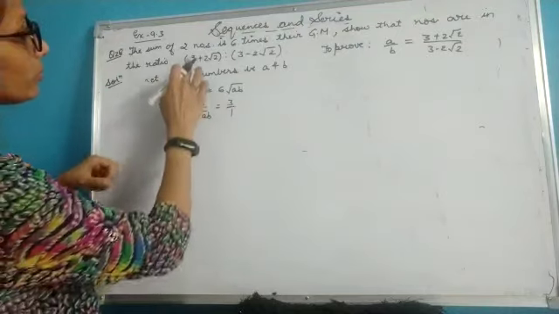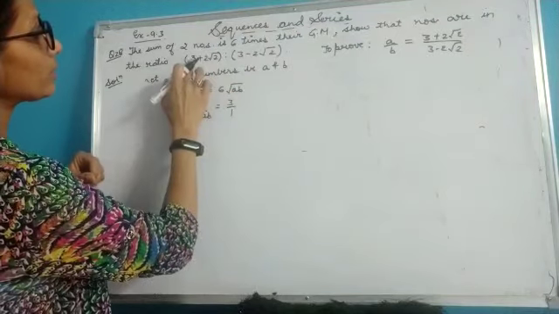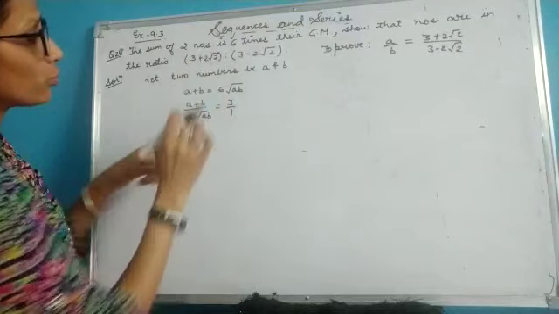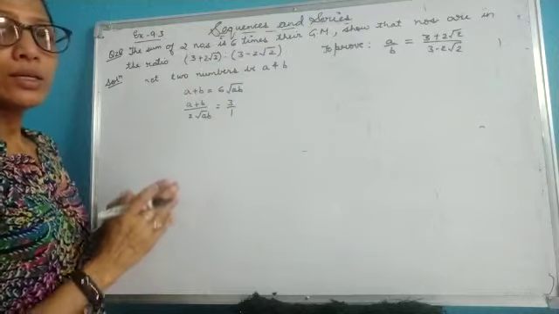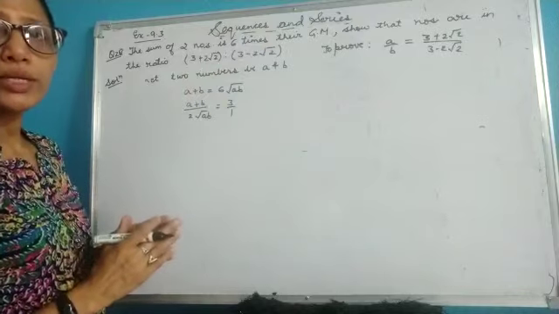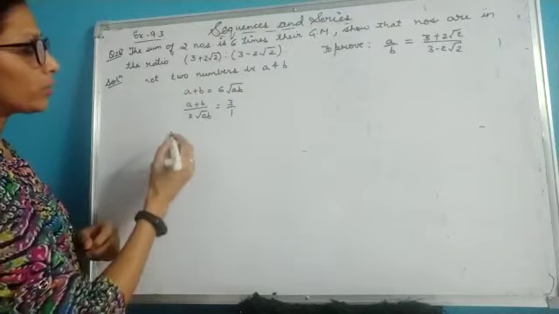Now children, you can see here it is given to you as 3 plus 2 root 2. I have got 3 here, but then here I will be applying the rule which is componendo dividendo. And what is componendo dividendo?